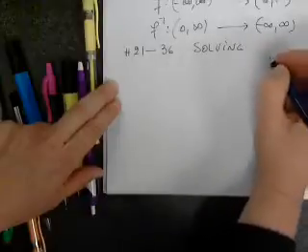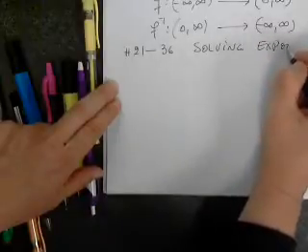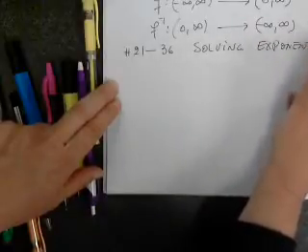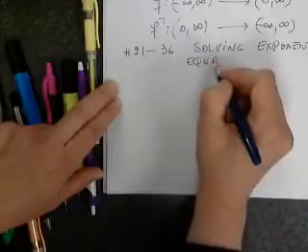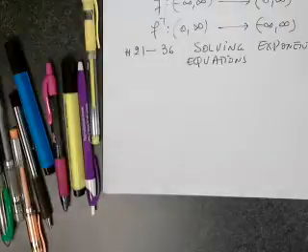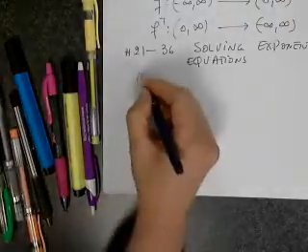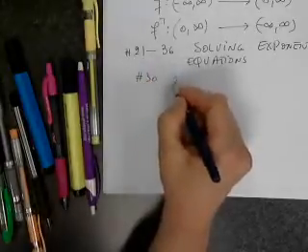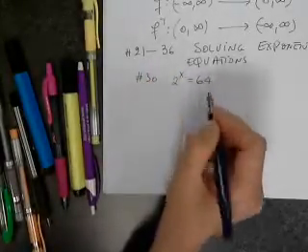Solving exponential equations. I'll choose the first one and then you feel free to choose the next. I will start with 30, which is 2 to the x equals 64.